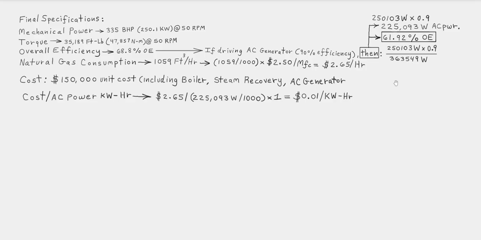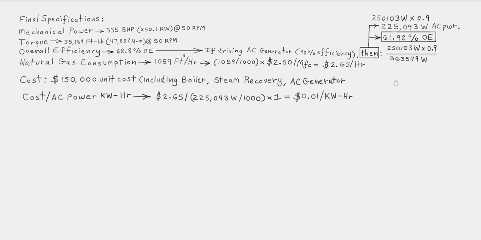So if we were to run this thing 24 hours a day, other than the equipment cost, it would cost $265, and then we say maybe 1.4 after the taxes and fees. So it's about $371. Say $4 an hour to run this unit times 24 hours.